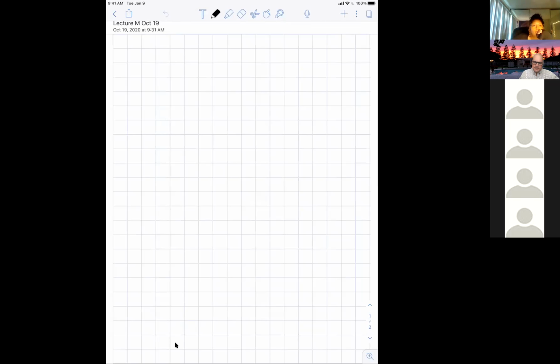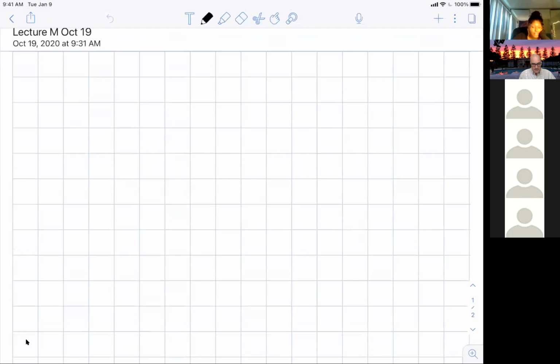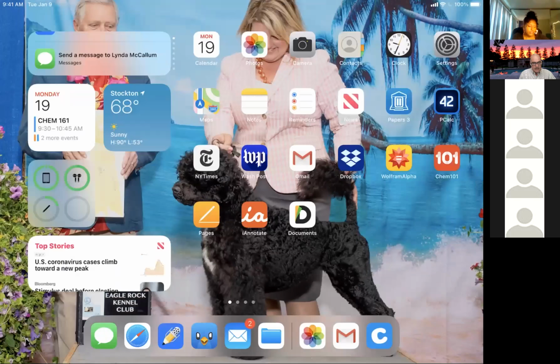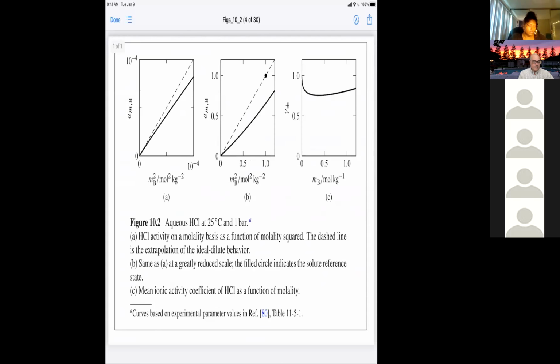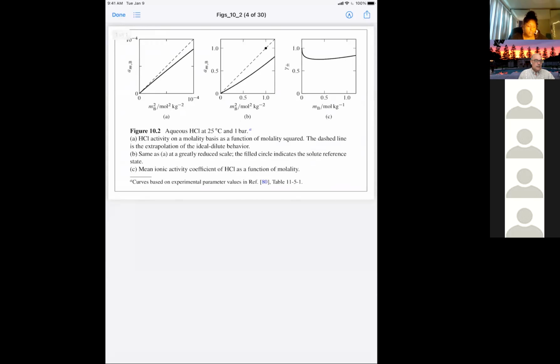All right. So last time we talked about symmetrical electrolytes and how you can measure the activity coefficients and the activity of these solutions in general.